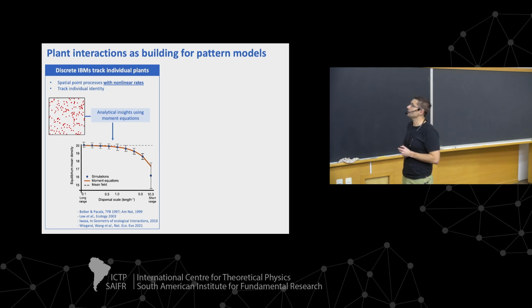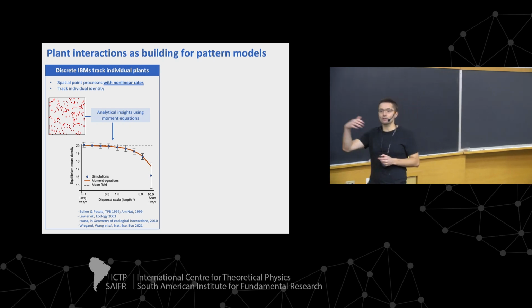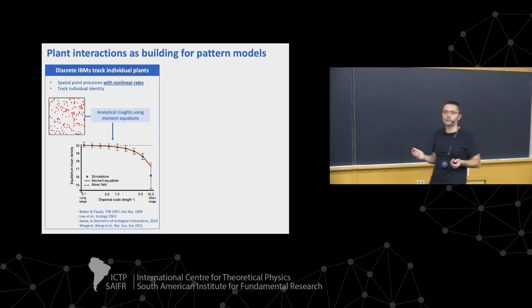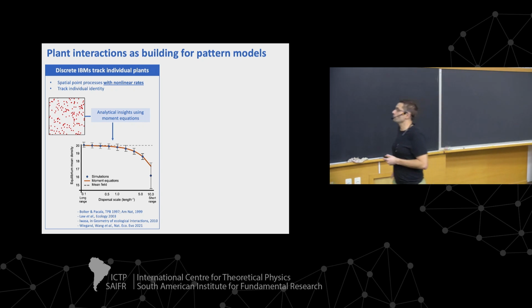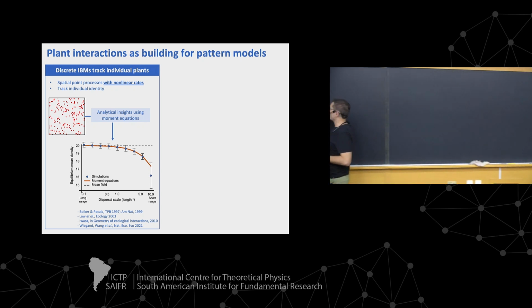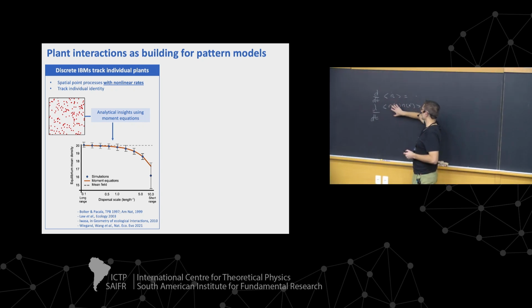And basically, what you see in the blue dots is the raw numerical simulation. So I do a lot of simulations and I count how many plants I have, and I calculate the mean and the variance. If you do a mean field approximation, which would mean that whenever I write the equation for the mean density of plants, I truncate it at the correlation level, I don't look at this.